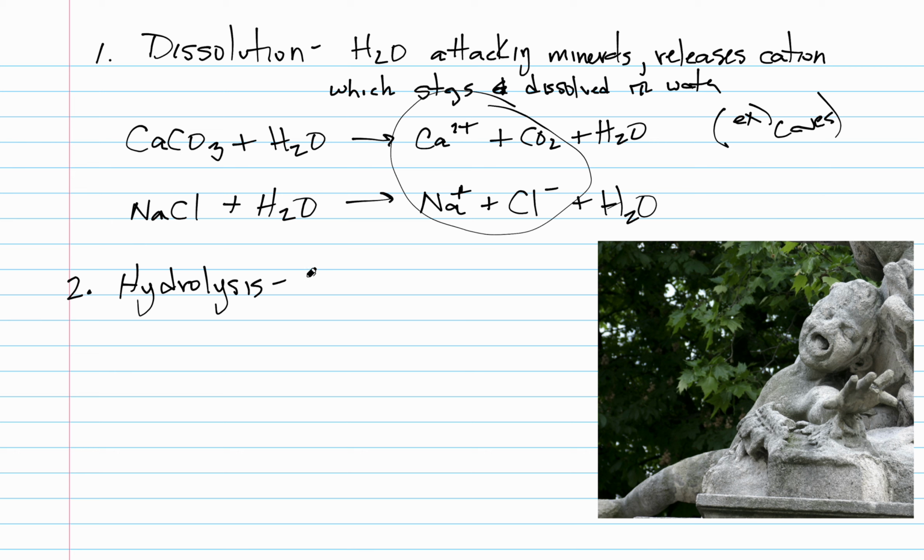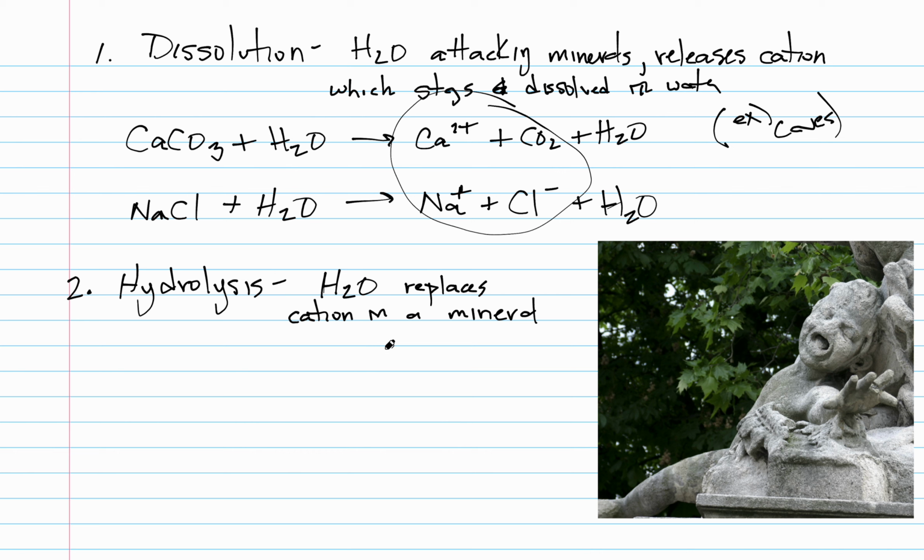Hydrolysis, we have attack of water again. But it's an attack where there's a replacement that goes on. So I'd like you to say water replaces cation in a mineral. The cation goes away and OH sits in its place.